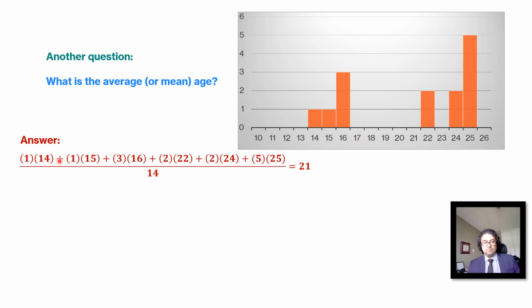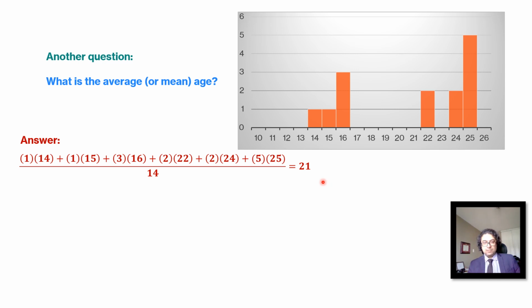So I have one student at 14, so 1 times 14, and then one student at 15, 1 times 15, 3 students at 16, 3 times 16, 2 students at 22, 2 times 22, 2 students at 24, that will be 2 times 24, and then 5 students at 25, 5 times 25. You sum them all up and then divide by the total number of students. That would give you the average or the mean.